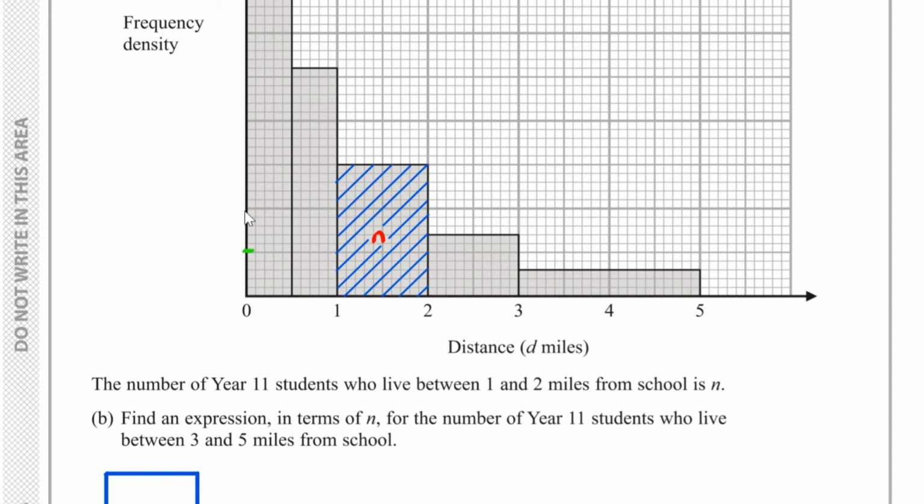So here, here and here we have this height being n over 3. So if this height is n over 3, here we would have 2n over 3, and here we have 3n over 3, which is quite simply n.